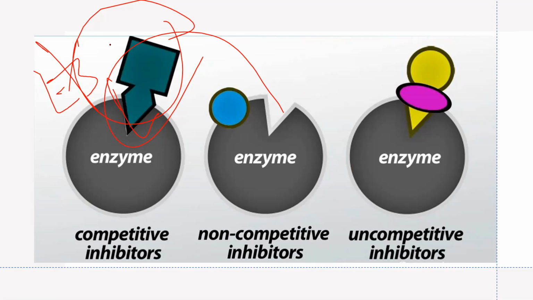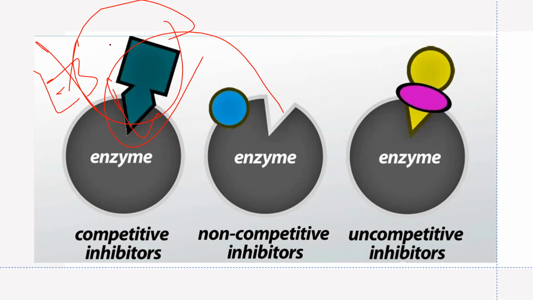How about non-competitive inhibitors? When we say non-competitive inhibitors, this inhibitor binds the enzyme at a place other than the active site. The active site is free, but something is attached to another surface of the enzyme. However, it may be irreversible, which is the bad part, if the inhibitor destroys the parts of the enzyme involved in the reaction.